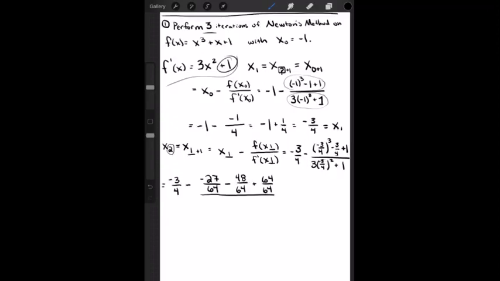Down here, I'm going to turn that 1 into 16 over 16. So all of this adds together to get negative, whoops, first we need this negative 3/4.